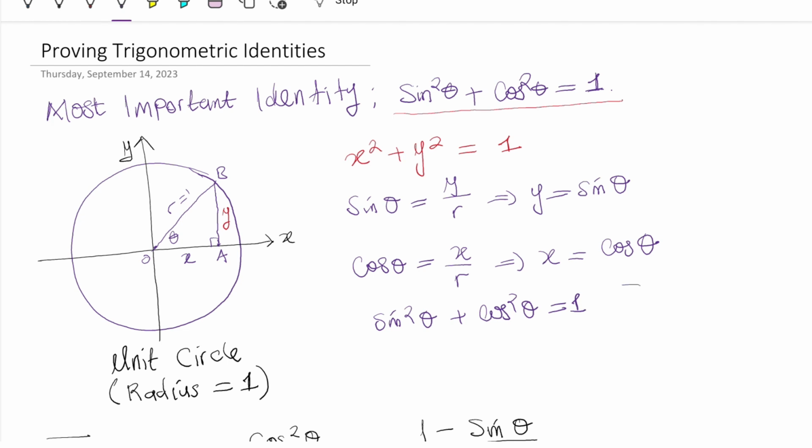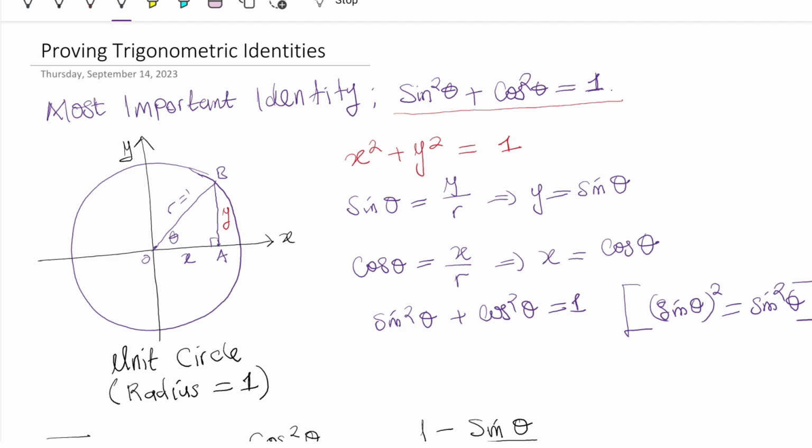So I want you to note here, the notation is that if you write sine theta squared, it is just the same as sine squared theta. So there is no difference. So where there is x, I put cos, so this is cos squared, and where there is y, I put sine.